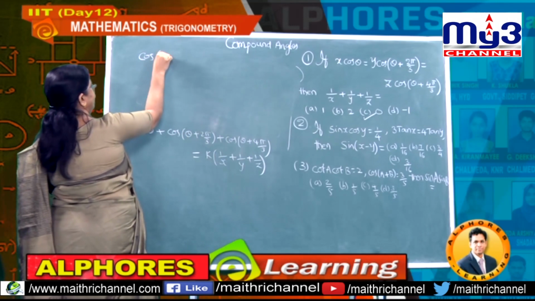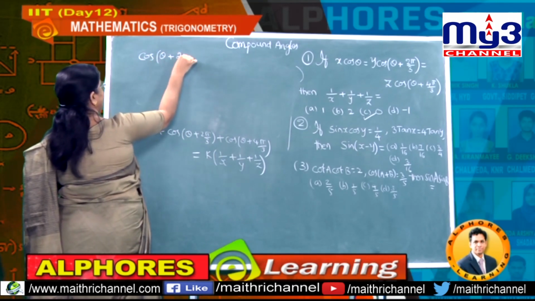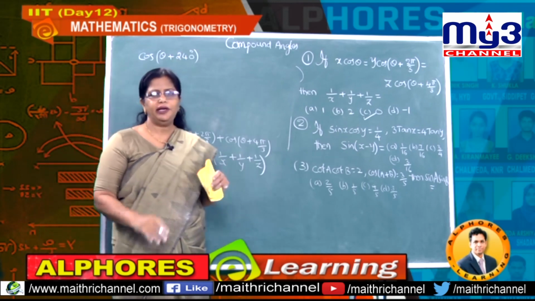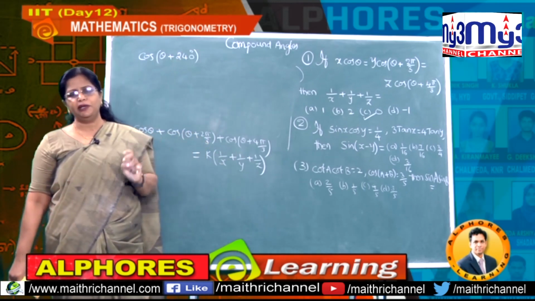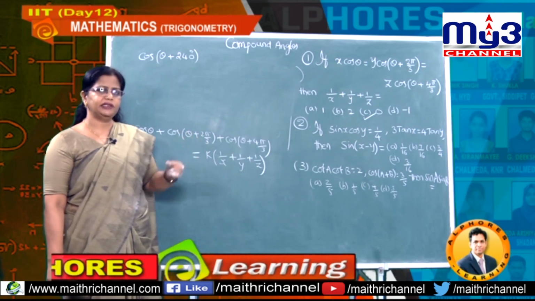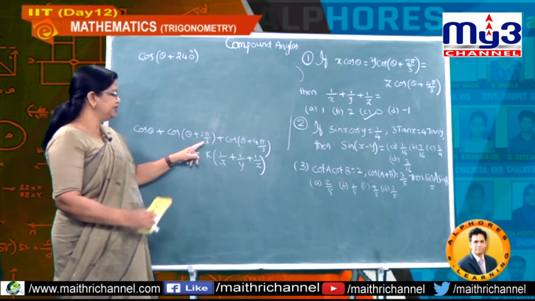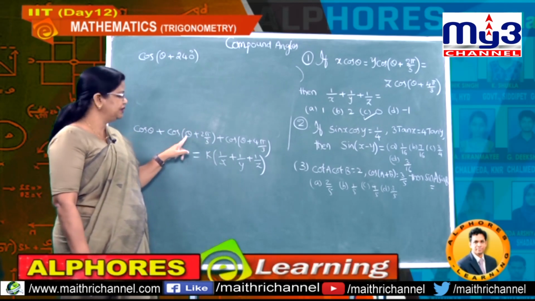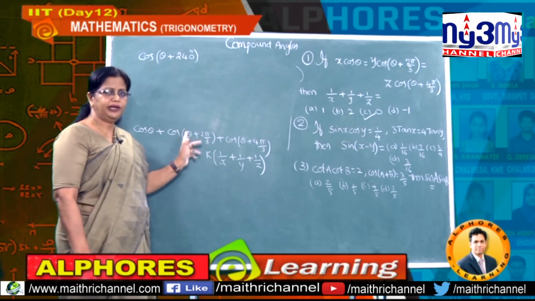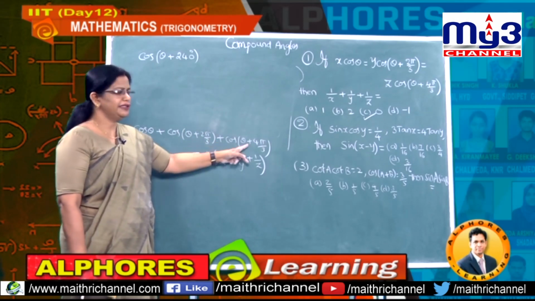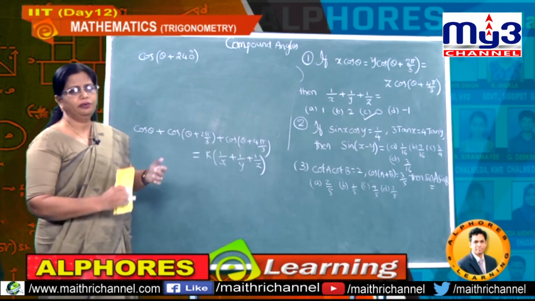Cos of theta plus 4 pi by 3 means 240 degrees, and this 240 degrees you can write in many ways, 180 plus 60, 360 minus 120, many ways you can arrange. Now as this is already 120 plus theta, so I want to write this result as 120 minus theta, that means I want to write in terms of 120.